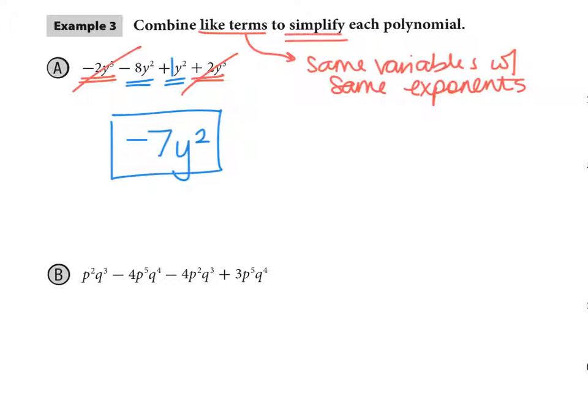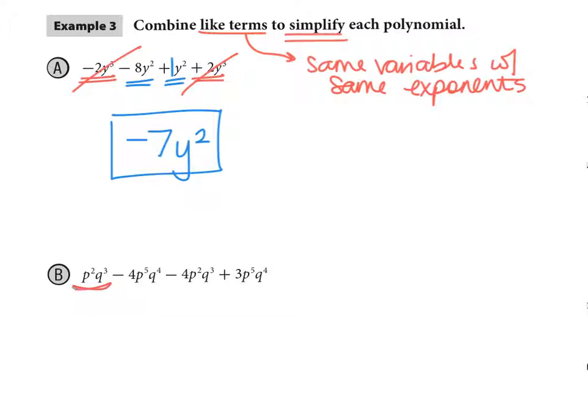All right, so notice on B, what we want to do is identify ones that are exactly the same. So here I've got p squared q to the third, which means if I'm going to combine it with anything, I need another p squared q to the third. Even though this next term has a p and a q in it, the exponents are not exactly the same. There's a 5 and a 4, so I can't combine those.